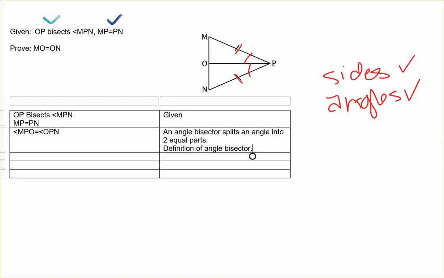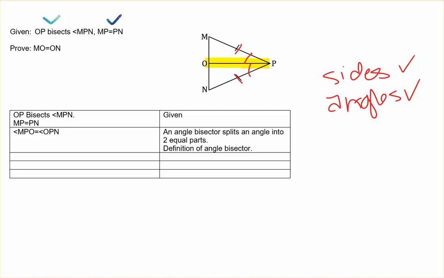Now I'm going to look for another common thing, which is to look if the triangles share a side or share an angle. I notice in the picture that those triangles share side OP. If I were to trace over both triangles, I would trace OP twice. So OP is the same in both triangles.